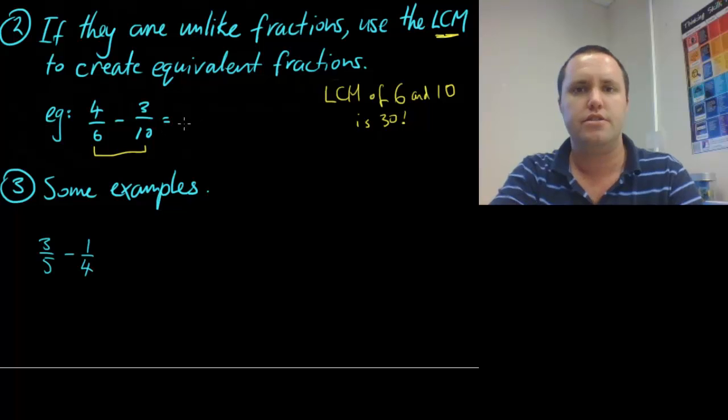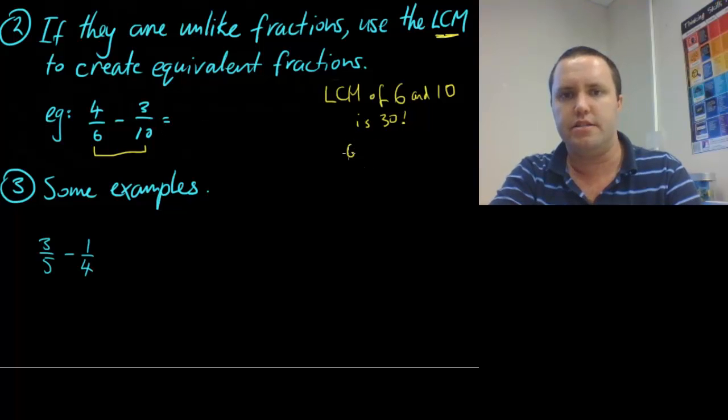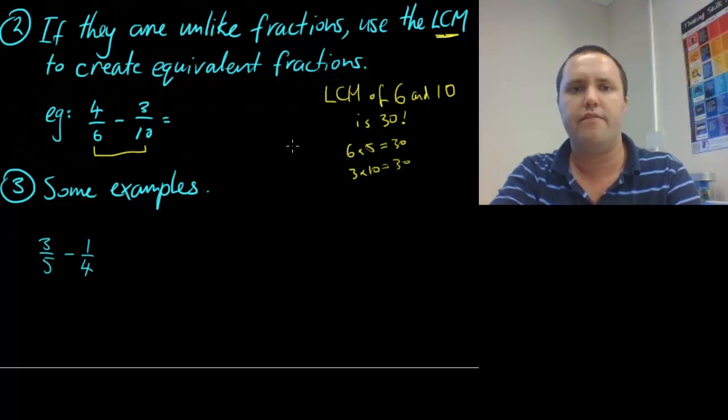It turns out that 6 times 5 is 30 and 10 times 3 is 30. So for this fraction here, I have to times it by 5 over 5 to get the denominator to 30. This one here, I have to times the numerator and denominator by 3 to get it up to 30.